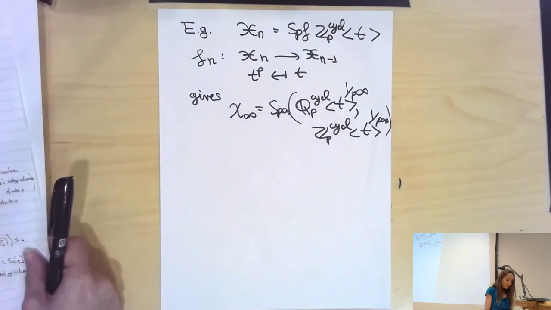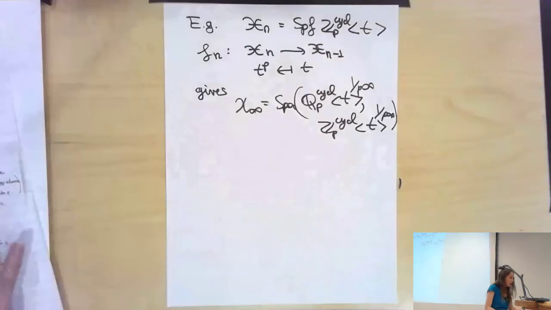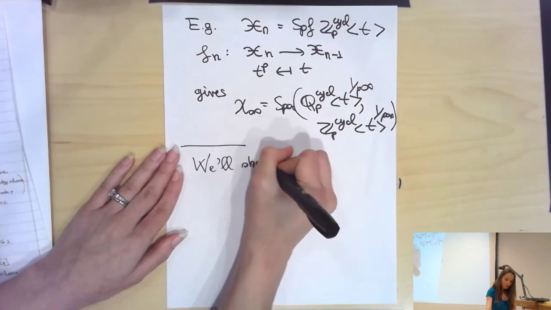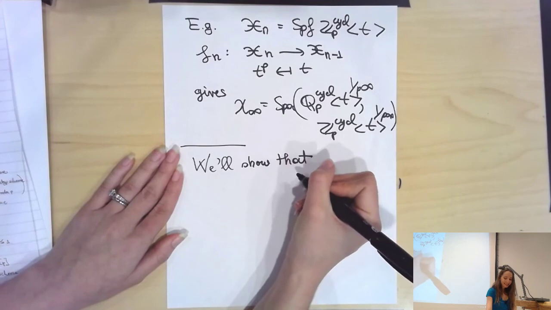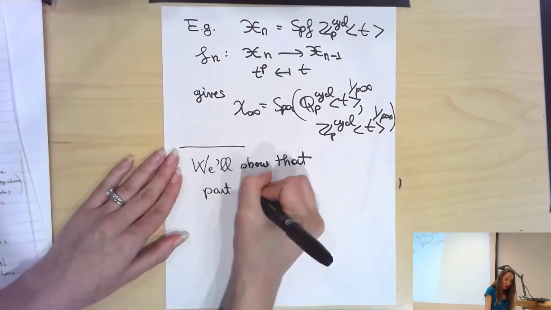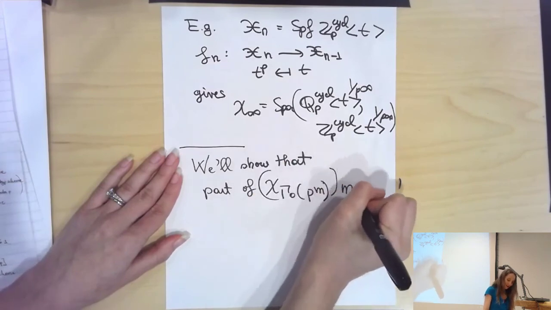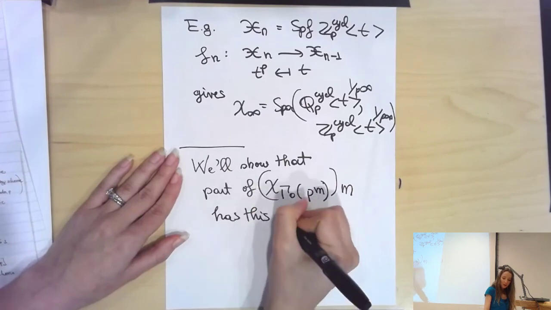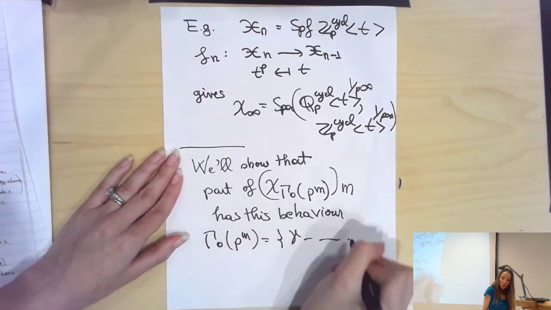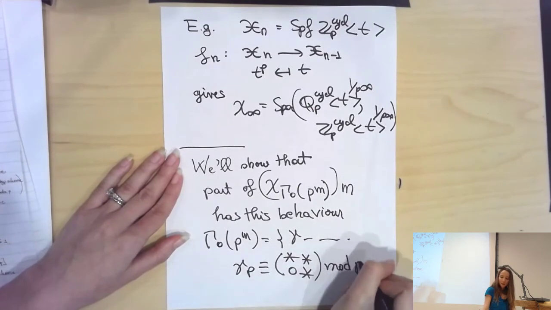So what we want to show is, maybe I'm out of time, so let me just say that we'll show that a part of X_{Gamma_0(p^m)} has this kind of behavior, where Gamma_0(p^m) is the same thing, matrices as before, but at p you have a congruence just to upper triangular things mod p^m, maybe determinant 1.